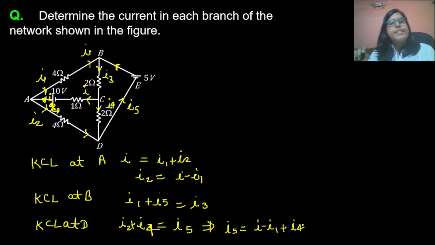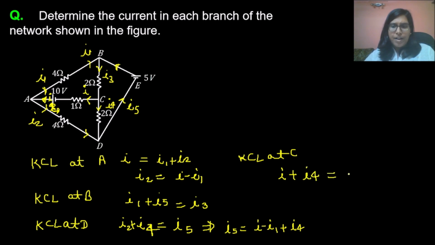Now at C, KCL at C: I plus I4 equals I3.